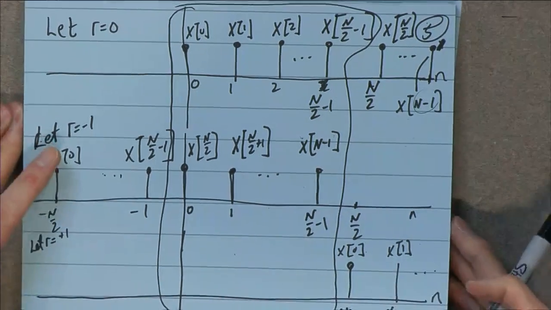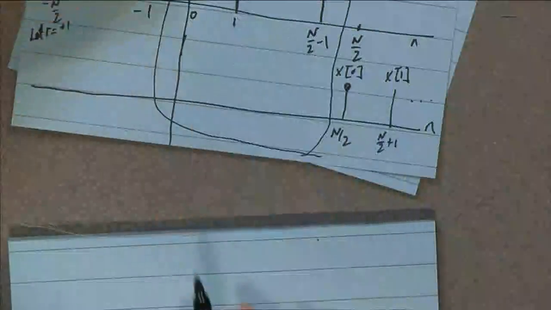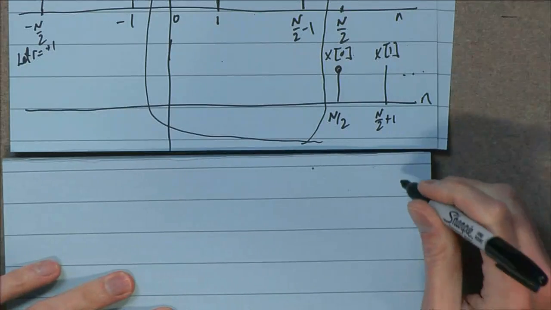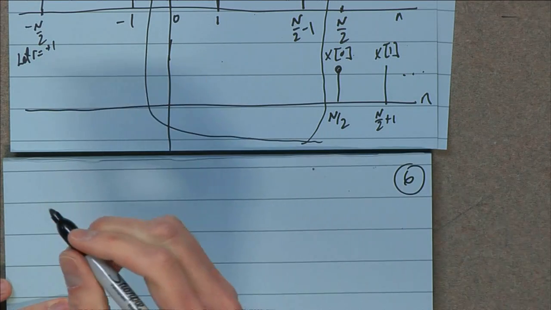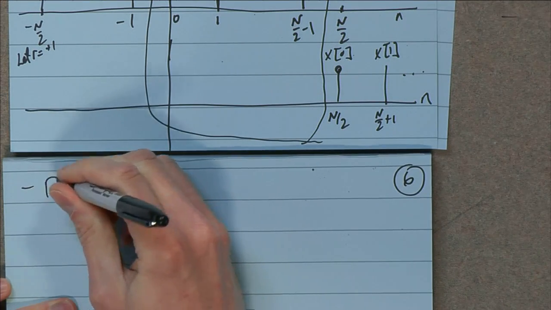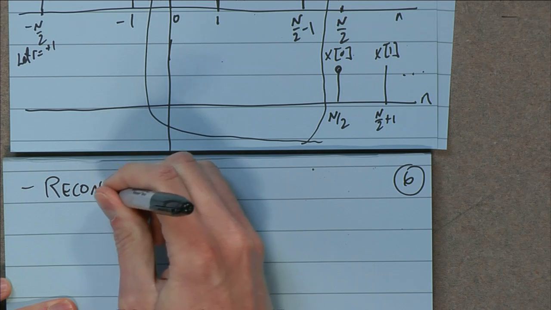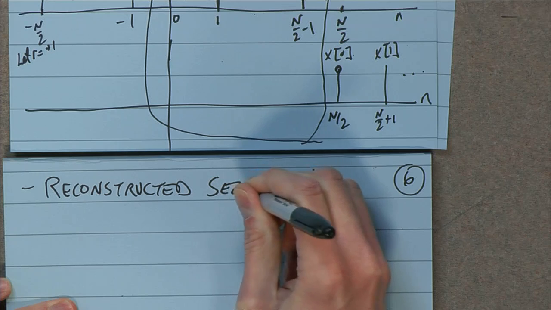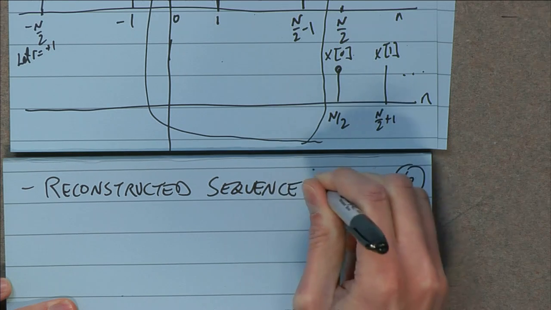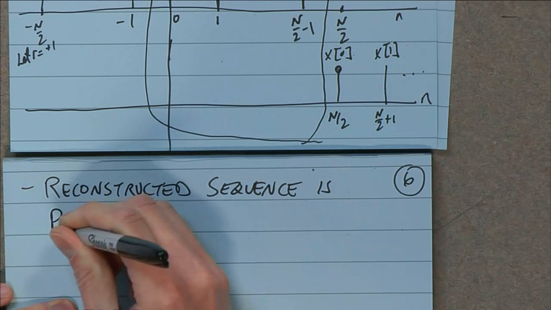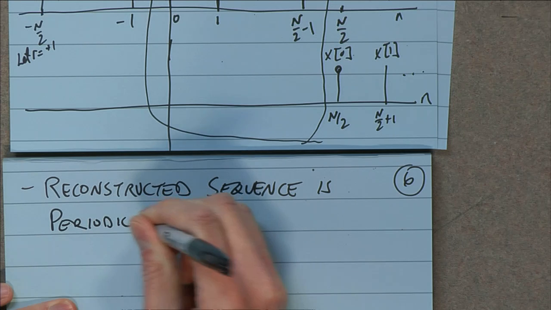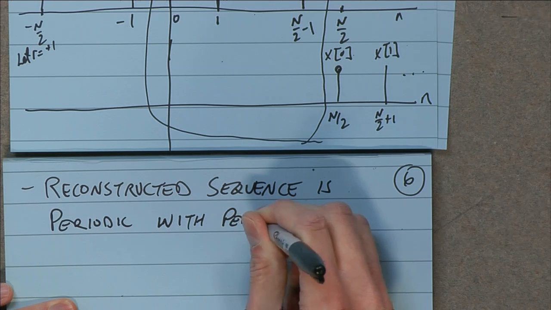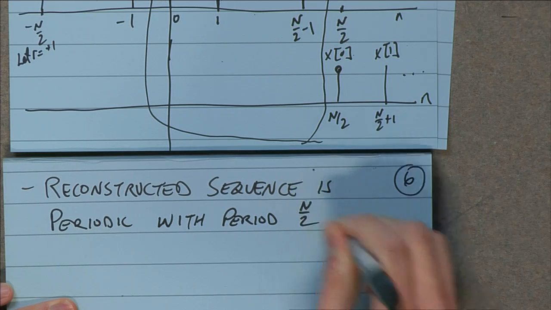So let's try to summarize what happened in the pictures. So first of all, the reconstructed sequence is periodic, with period n over 2.